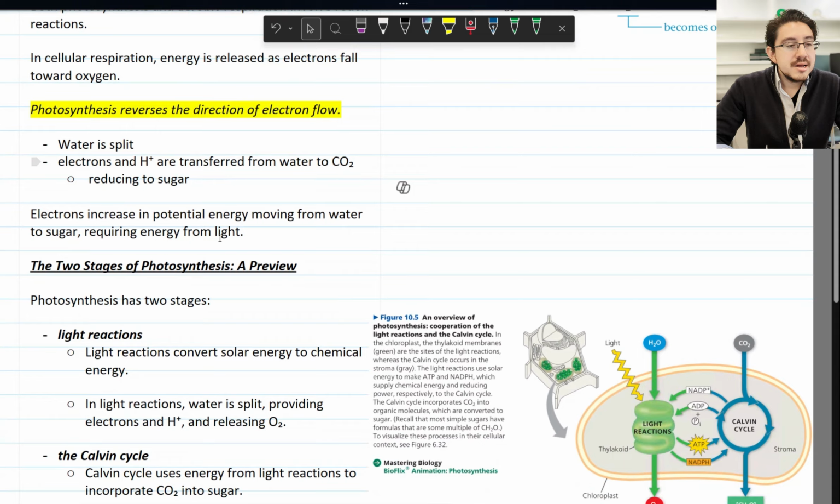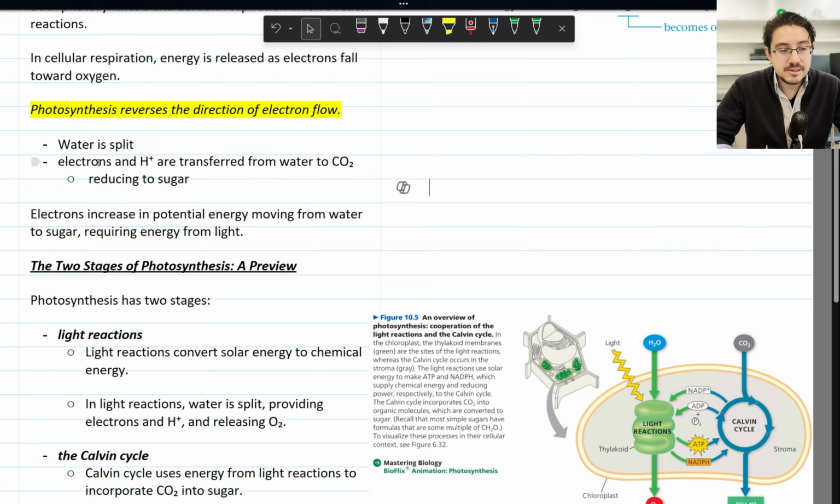Photosynthesis reverses the direction of electron flow. And we're going to see this in a lot more detail when we get into the actual ETC. But ultimately, water is split. The splitting of water liberates electrons and hydrogen ions that are transferred from water ultimately to carbon dioxide, reducing it.